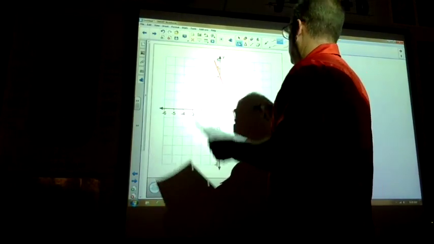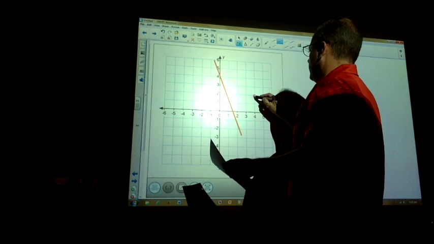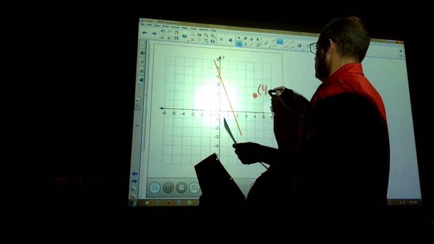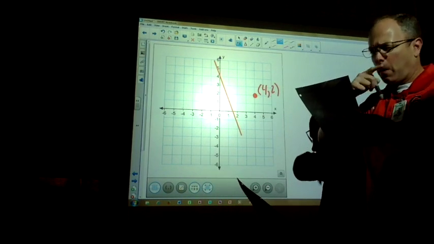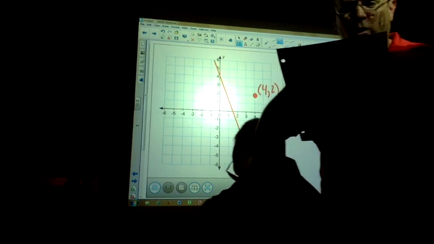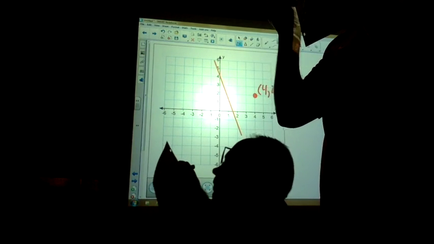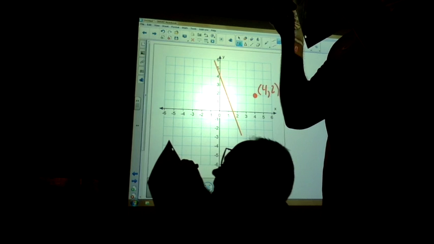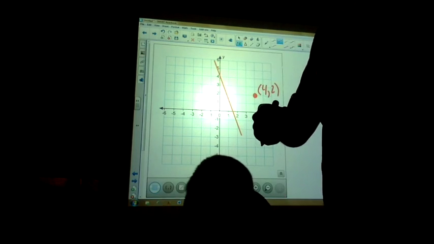All right. So I think on this problem, 4, 2. We have that point right there, which is 4, 2. So I think what they're trying to do on this problem, boy, you know what?